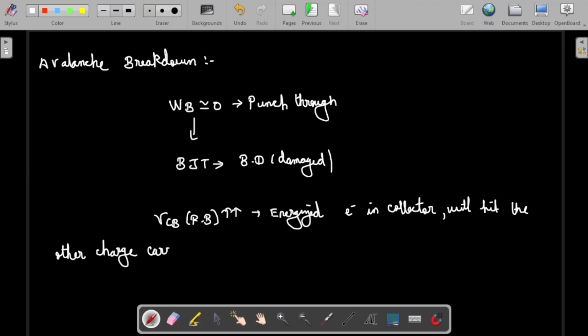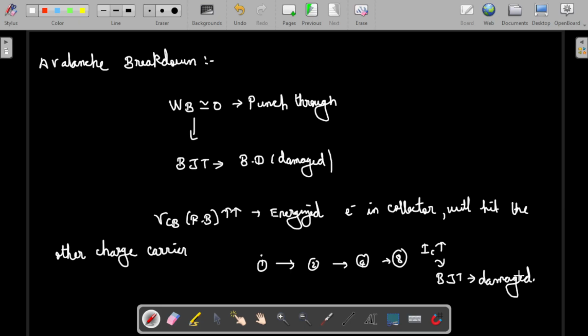Because of this effect, 1 becomes 2, then 2 becomes 4, and 4 becomes 8. So IC will keep on increasing. If the charge carriers keep on increasing, then the BJT will be damaged. That is what we are discussing here.